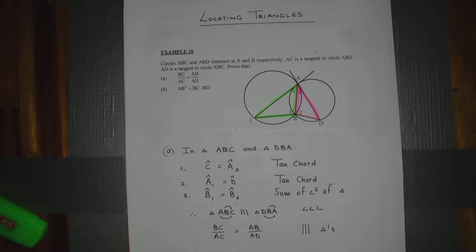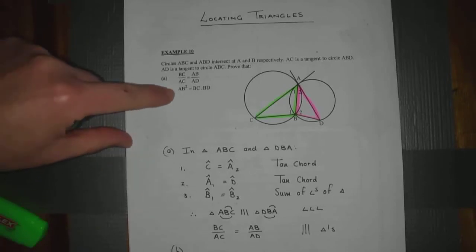So we look at the next question. B then says prove that AB squared is equal to BC times BD. Now, before you try and find two brand new triangles, be careful. First, go and look at what you've already done.